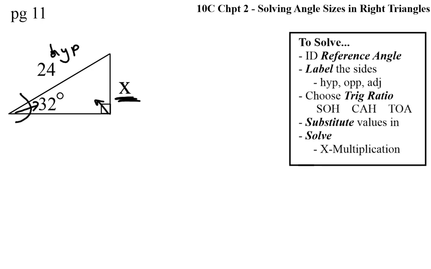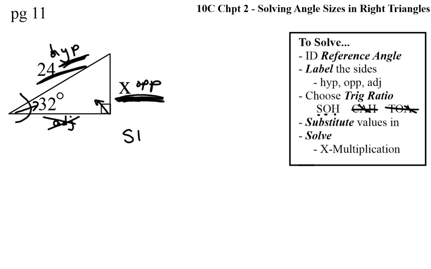Opposite your reference angle is opposite, and that leaves adjacent. So what's useful to us? Opposite is useful. Hypotenuse is useful because this is what we want to find. This is what we know. The adjacent doesn't do anything for us. So adjacent isn't going to be helpful. So that's going to leave us opposite and hypotenuse.